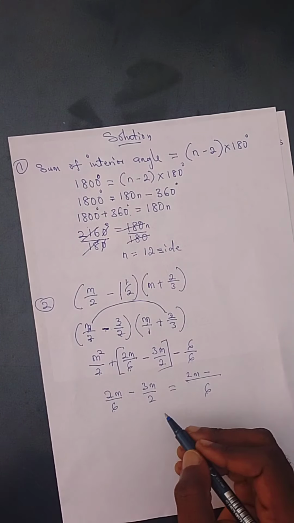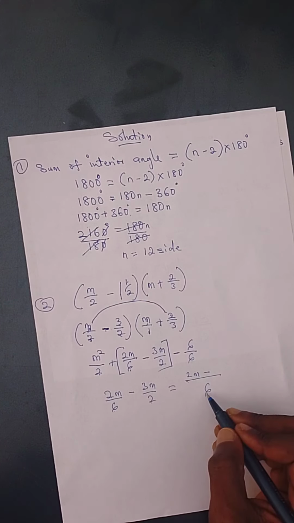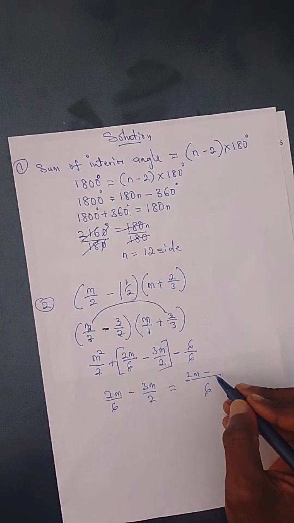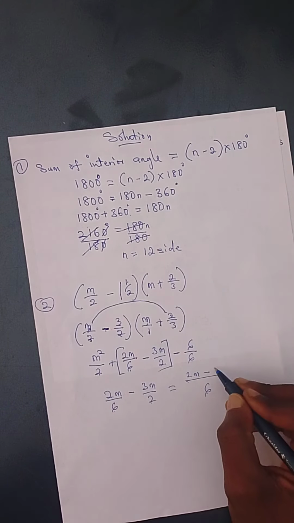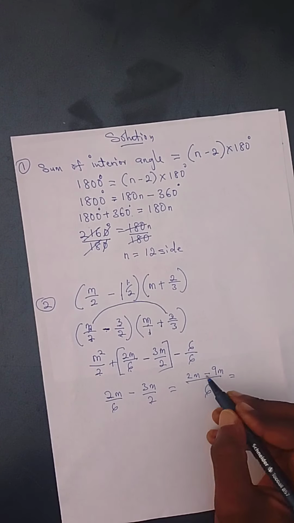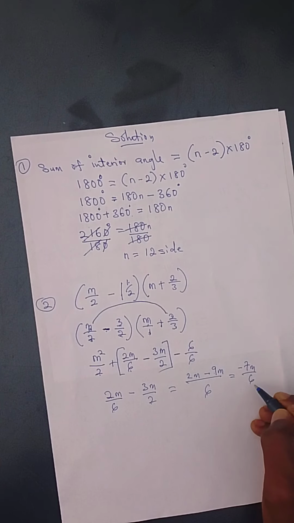Minus, 2 goes into 6, that gives us 3, so 3 times 3m gives us 9m. So this is equal to 2m minus 9m, which gives us minus 7m all over 6.